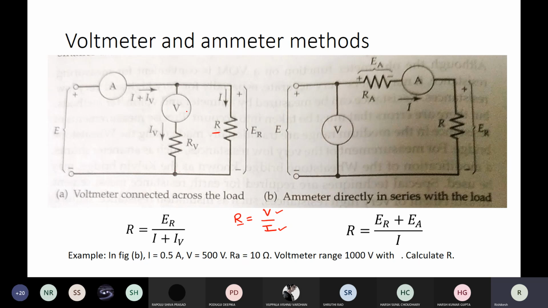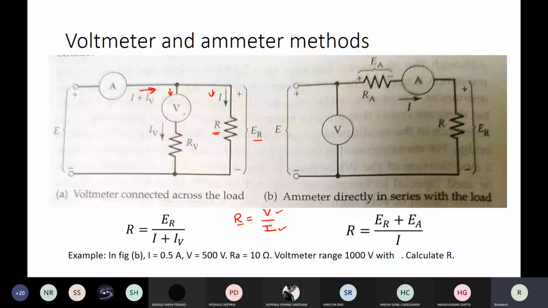Now the simple way is that if you consider them to be an ideal ammeter and voltmeter, the voltmeter will measure the voltage across R, that is ER, and the ammeter will measure the current flowing through the resistance, that is I. So ER by I will give you the value of resistance. However, the current flowing through the ammeter is getting split into two parts, one flowing through the unknown resistance, the other flowing through the voltmeter.